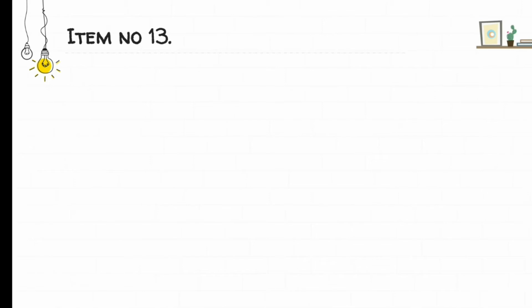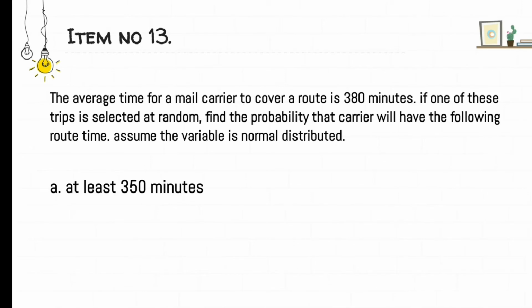Now for our problem for item number 13: the average time for a mail carrier to cover a route is 380. If one of these trips is selected at random, find the probability that the carrier will have the following route time. Assume the variable is normally distributed.